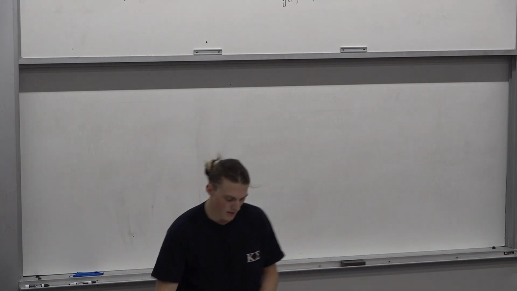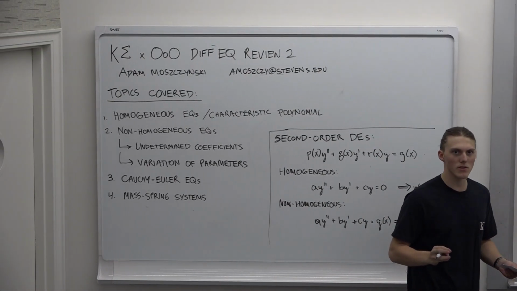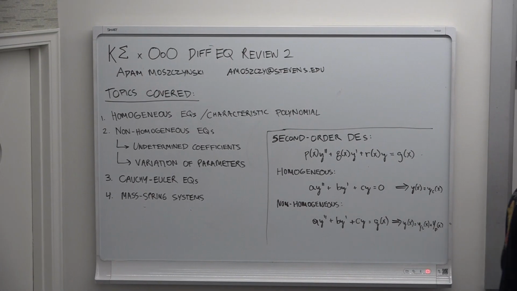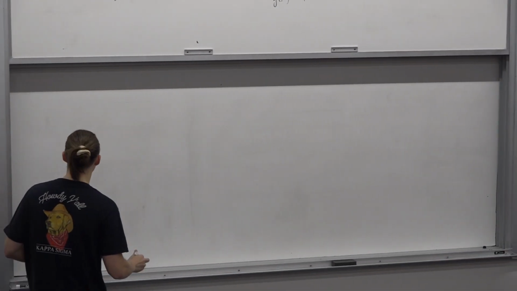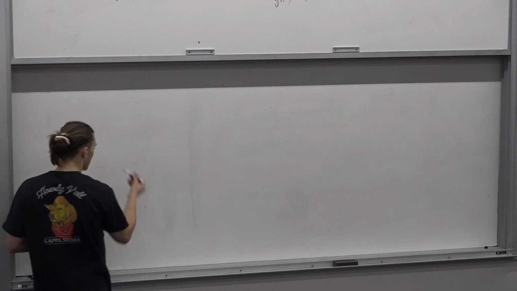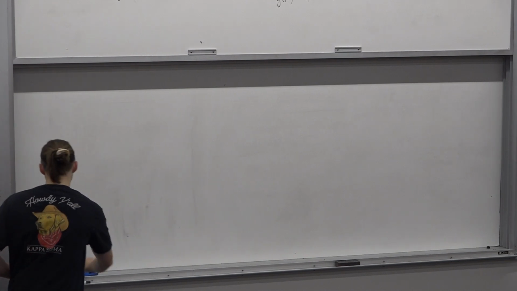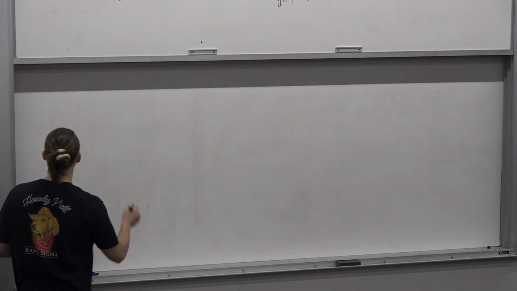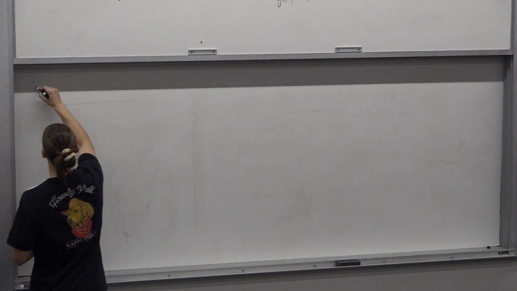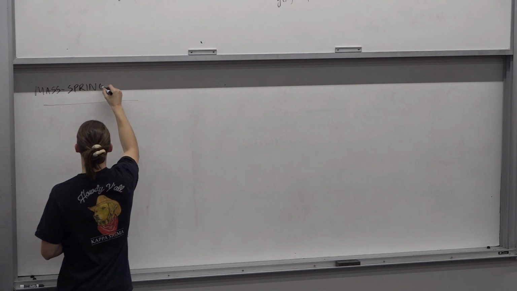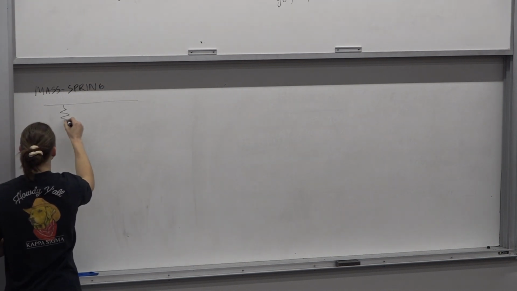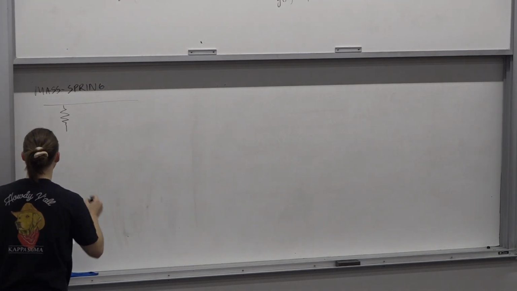So mass spring systems are essentially the application of everything we've been doing so far. Essentially just a word problem that you have to figure out. So this is your setup. I'm just going to draw out what we're actually modeling here. First of all, we have a spring.